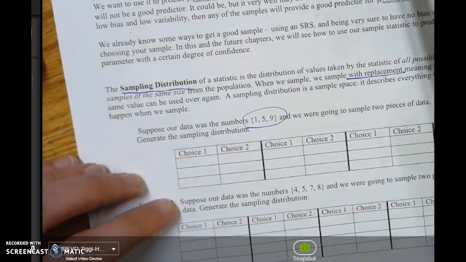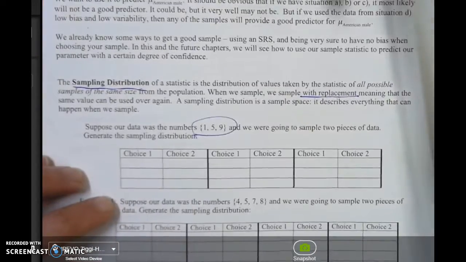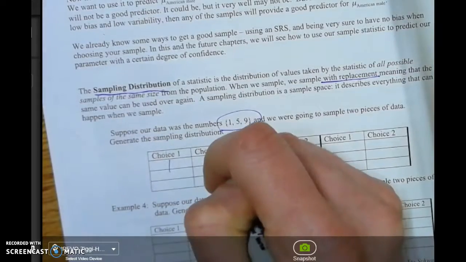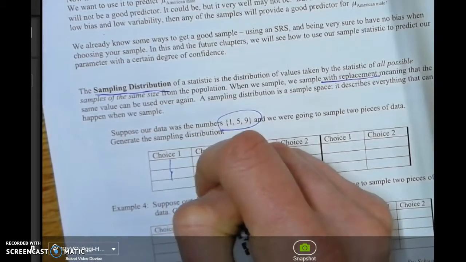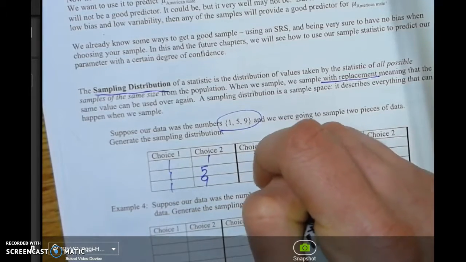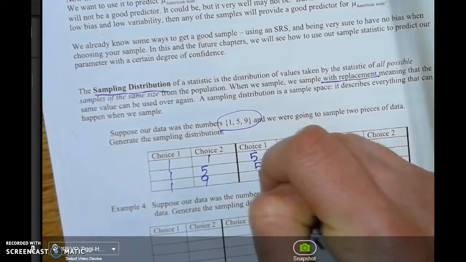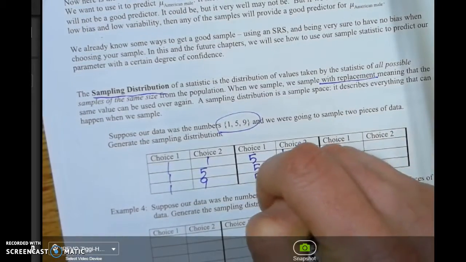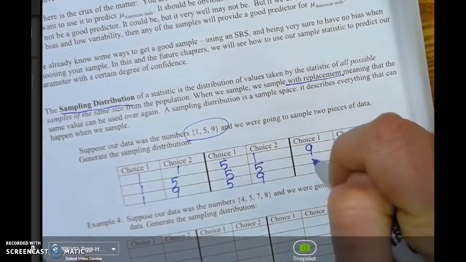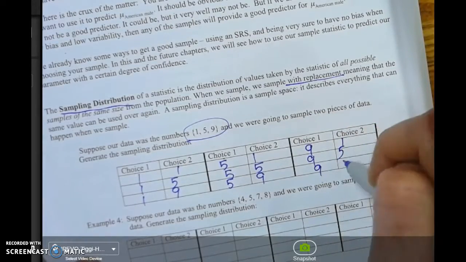I know this is unrealistic, but it's good for beginning to understand the principle. We go in order: 1, 1, 1, 5, or 1, 9. Let's start with 5: you could have 5, 1, 5, 5, or 5, 9. Then we start with 9: 9, 1, 9, 5, and 9, 9.